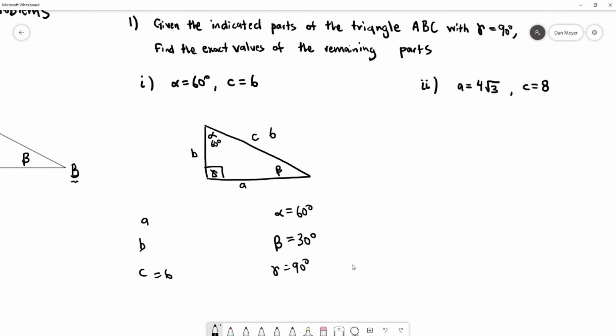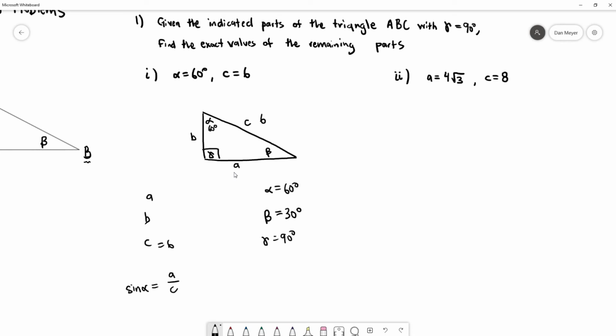All right. Now, if I can think of some trig relationships that relate side A to side C, there are a couple that we could use here. One of those would be sine of alpha is A divided by C, right? That's opposite over hypotenuse. Got my angle alpha here, A over C, opposite over hypotenuse.